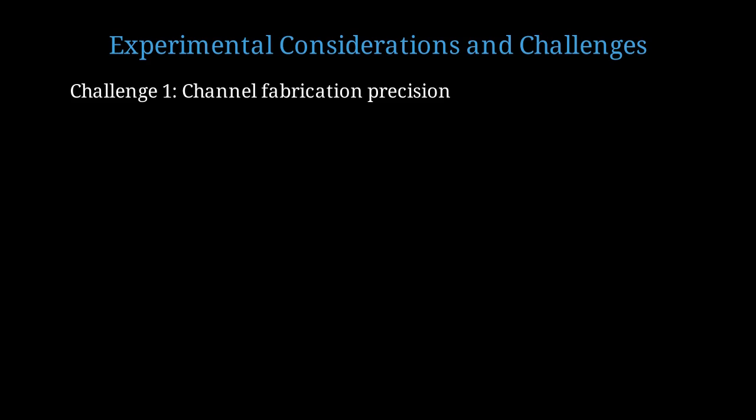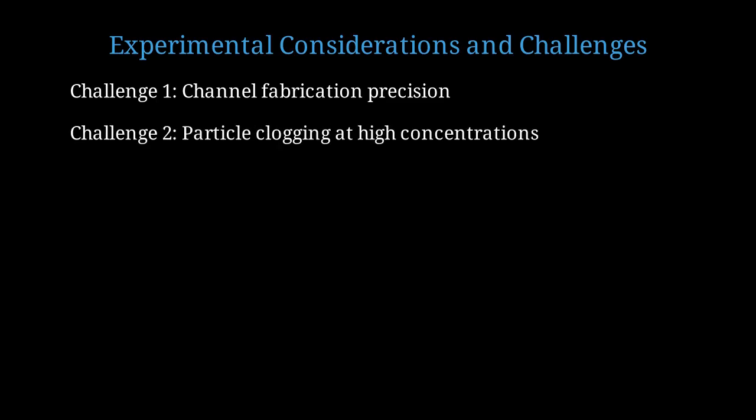First, channel fabrication precision. The equilibrium positions are sensitive to channel dimensions. You need tight tolerances, typically within a few micrometers, to get reproducible focusing. Second, particle clogging. At high particle concentrations, particles can aggregate and clog the channel. You need to optimize the concentration, typically below 1% volume fraction.